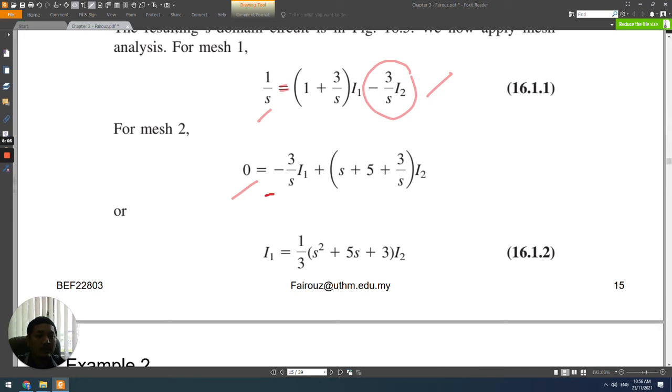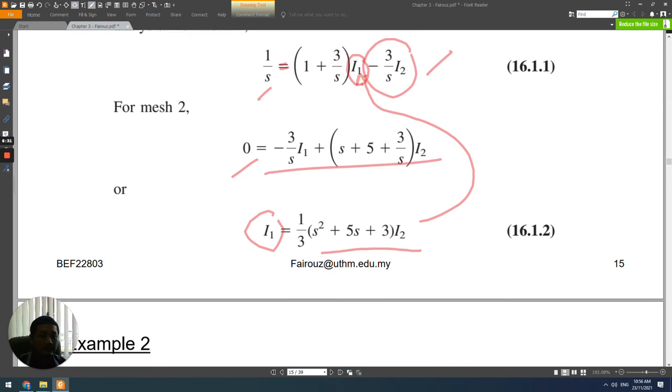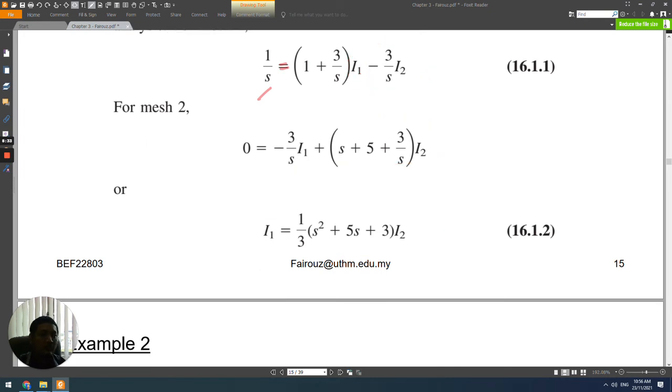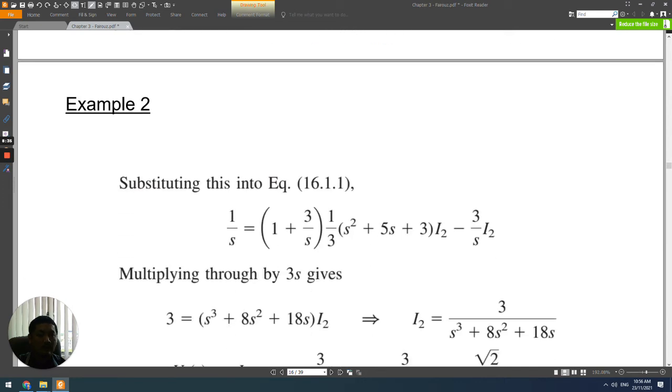And then we can rearrange this to get this form, this equation, and then we can substitute I1 here into this equation to get this.